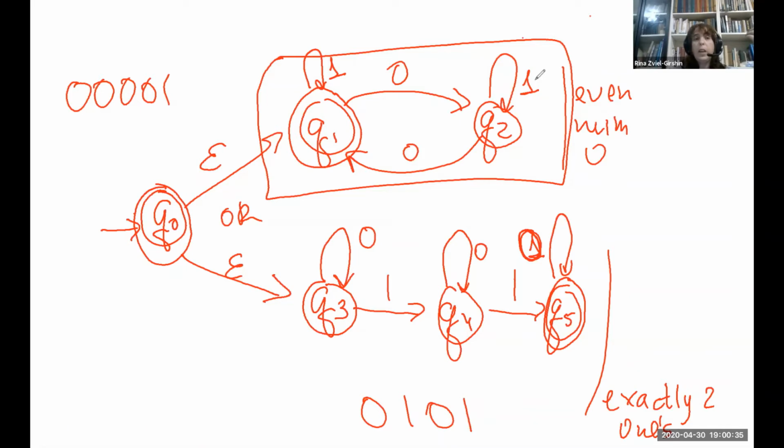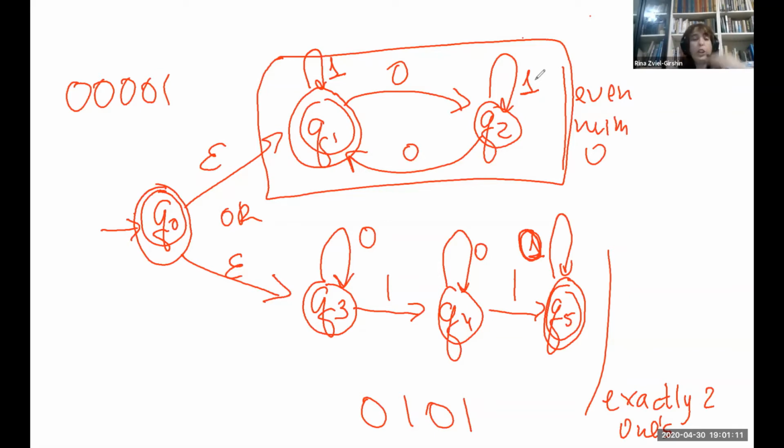So basically, you don't have a deterministic state machine. We have an automaton with states Q1 and Q2 that accepts even number of zeros, but maybe there are also ones, but I'm not interested in ones. So it's a self loop in Q1 and Q2. If I decided to go with exactly 2 ones, then I move to the state Q3.